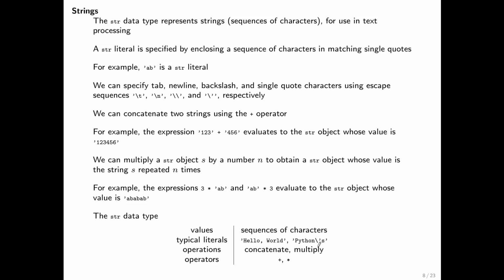And notice here, if you want a single quote inside of your string, you need to escape it. So that's what we have done here. What are the operations that are allowed on a string? Well, it's the concatenation operator and the multiplication operation. Concatenation is denoted by plus, and multiplication is denoted by star.